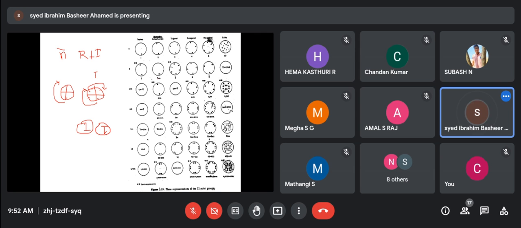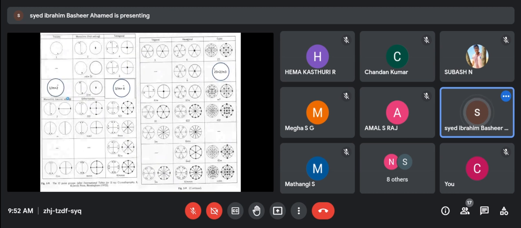So 2 bar. What will happen? 2 bar means you are rotating 2-fold, right? So 2-fold rotation, which is 180 degree. So from here, it will go to this place, right? Then from here, you have to invert. So if you invert, it will come here. Yes or no?